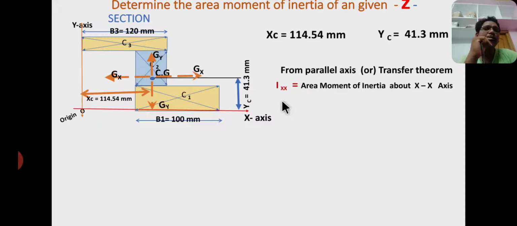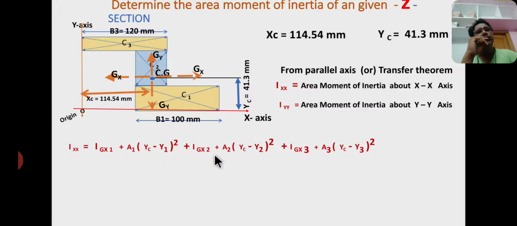Ixx means area moment of inertia about the base, that is the xx axis, and Iyy is the area moment of inertia about the side axis, that is the y axis. From basic formulas, Ixx equals Igx1 plus area 1 into yc minus y1 whole square, plus Igx2 plus area 2 into yc minus y2 whole square, plus Igx3 plus a3 into yc minus y3 whole square.